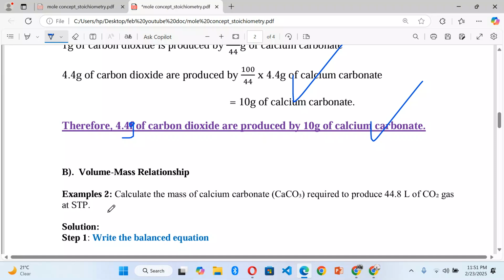And depending on the temperature and the pressure, either it can be at room temperature or at standard temperature and pressure, you find out that this gas occupies different volumes.